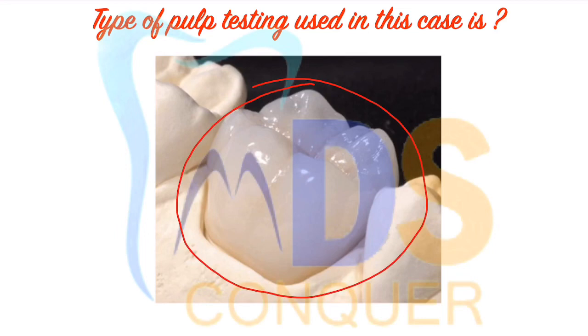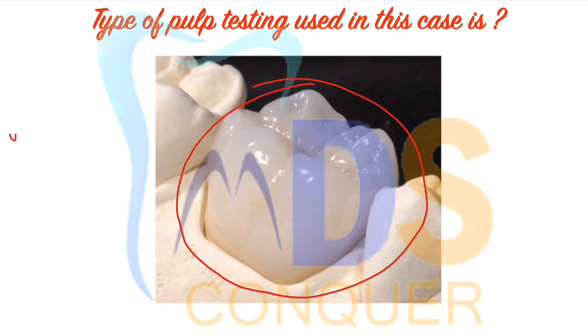Coming to the test cavity, you're going to prepare a cavity based upon which you will tell the vitality of the tooth. That's going to be the last option, because you're destroying and causing some trauma to the tooth. So for the test cavity, you have to drill the cavity in an unanesthetized tooth, drilling without a water coolant.